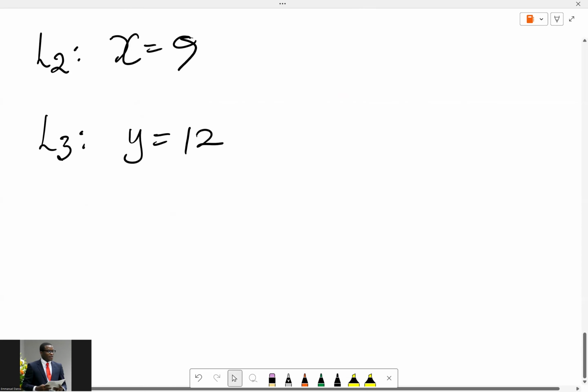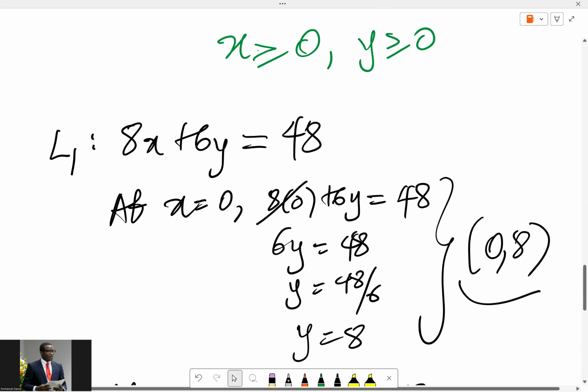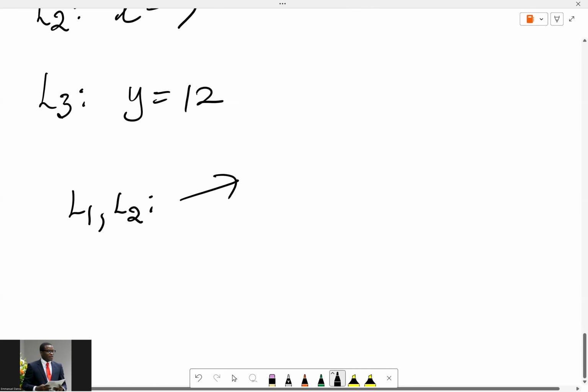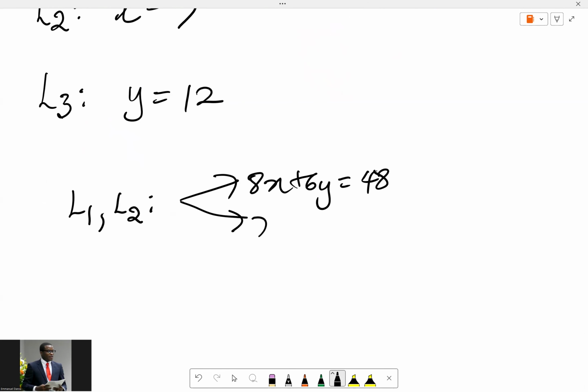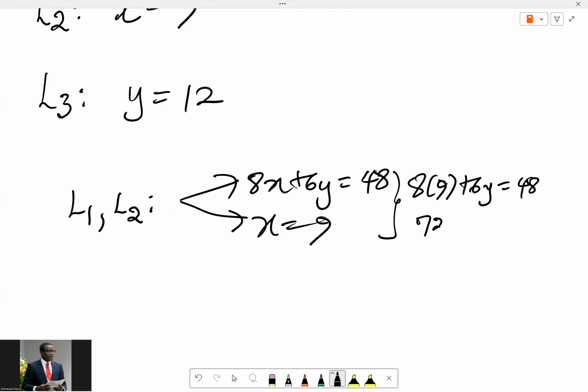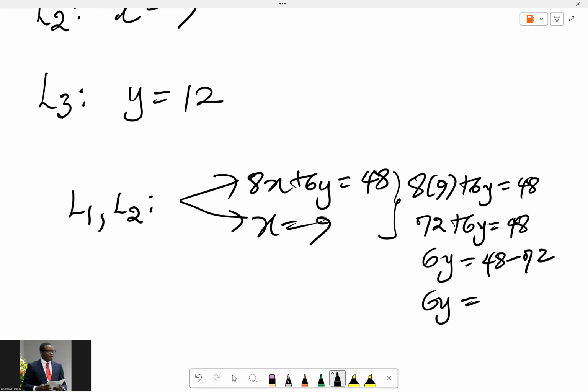So let's see that. If you take line 1 and line 2, that means 8x plus 6y is equal to 48, and line 2 tells us that x is equal to 9. So putting these together, we have 8 into 9 plus 6y equals 48. 8 times 9 is 72, so 6y is equal to 48 minus 72, which is minus 24.